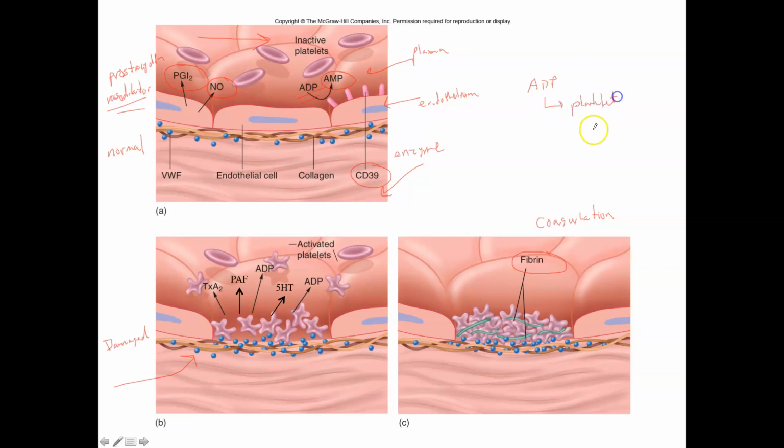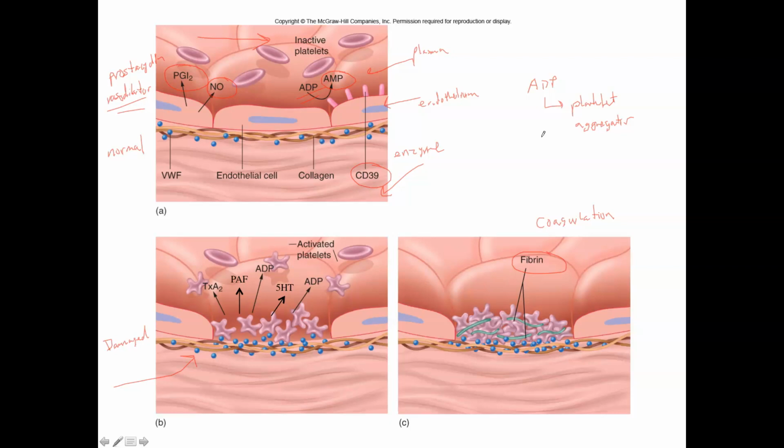Okay. So ADP is one of the chemicals that is going to cause platelets to stick to each other. So we want to make sure that we're breaking down any free-floating adenosine diphosphate into adenosine monophosphate so that platelets aren't signaled to aggregate or stick together.